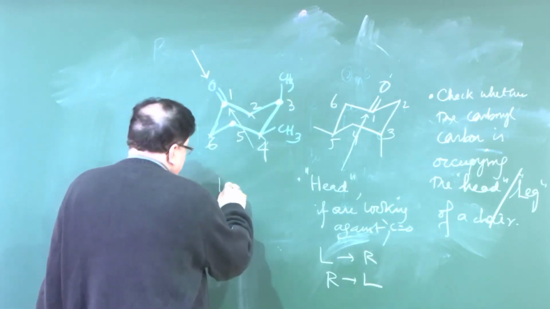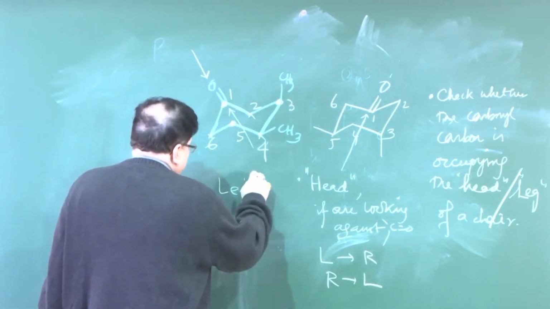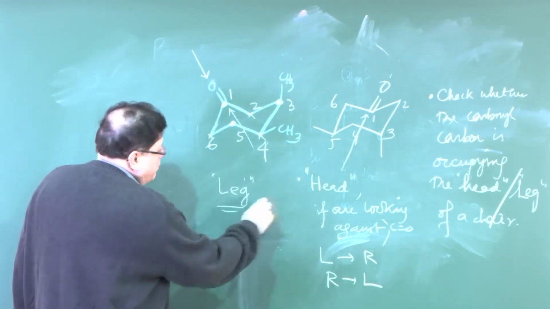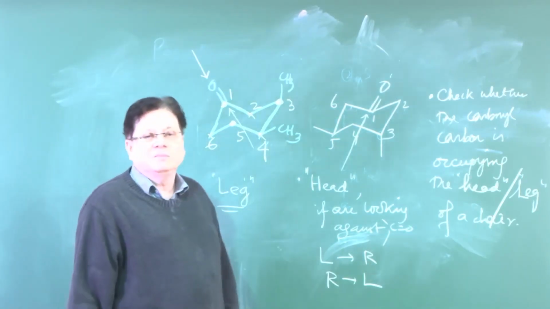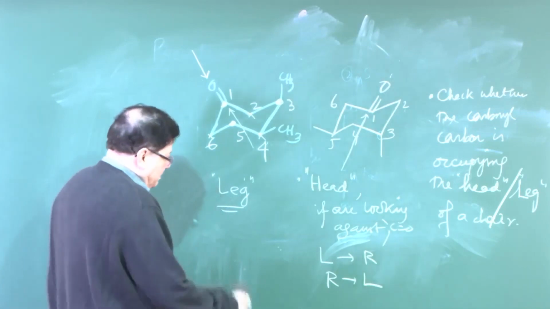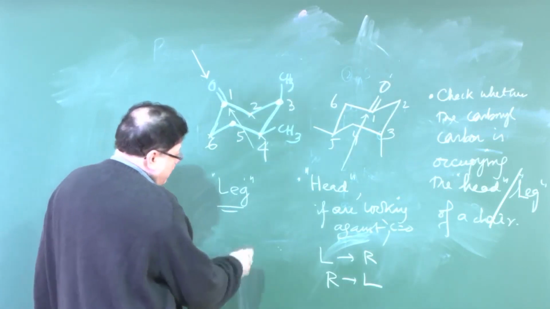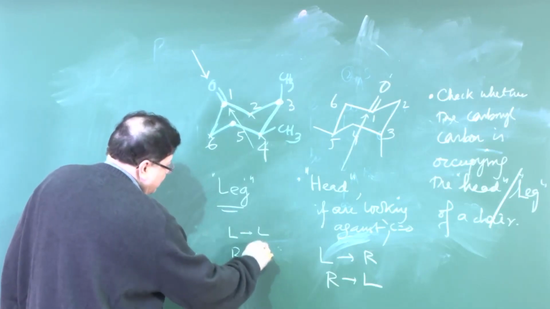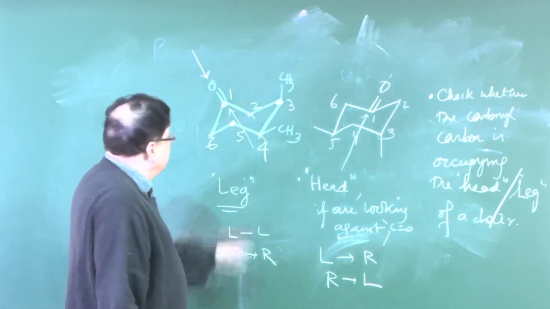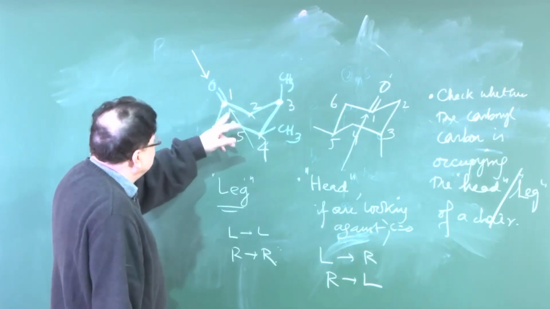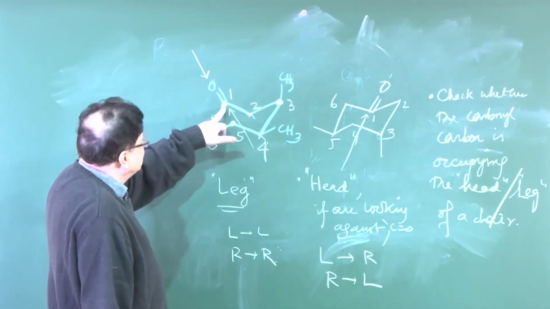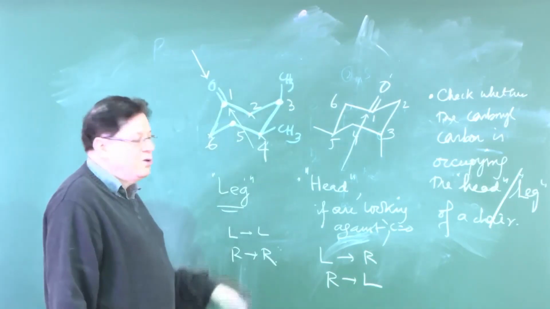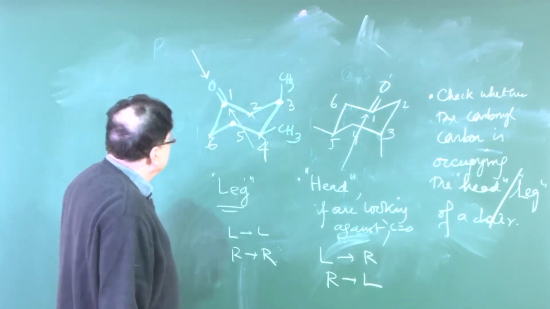For leg, if it is occupying the leg and if you are looking against the carbonyl, then what will happen? Then L remains L, R remains R. Okay. Against the carbonyl means I am looking from the side of the carbonyl carbon, and not from the side of the carbonyl oxygen.